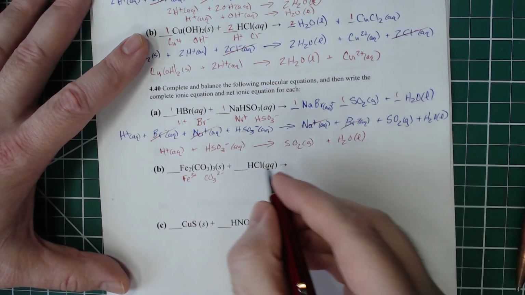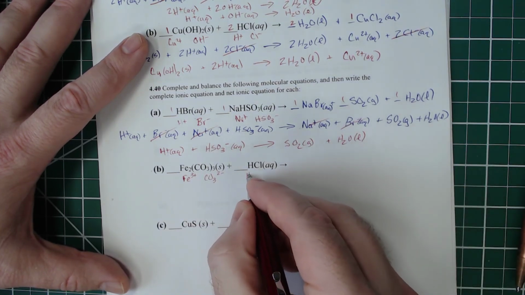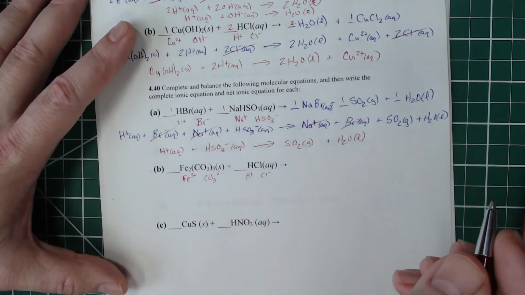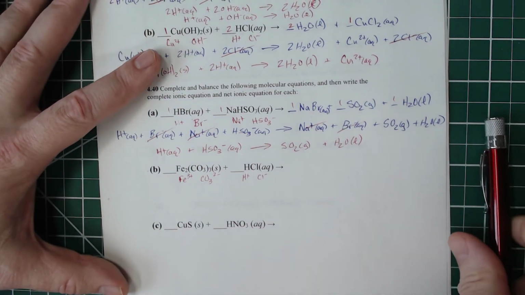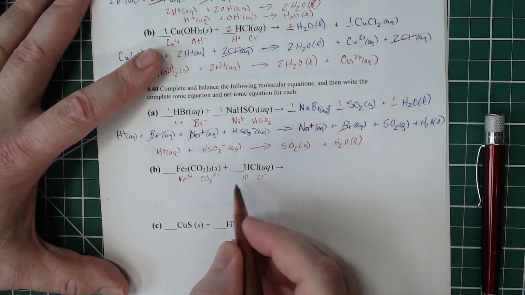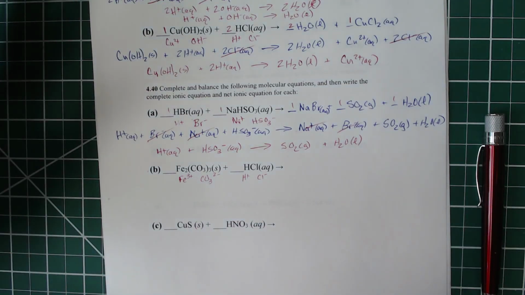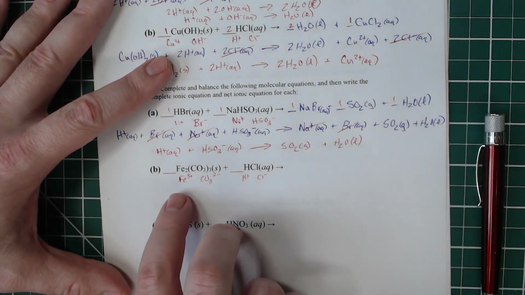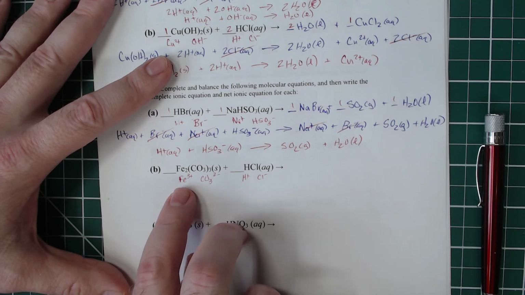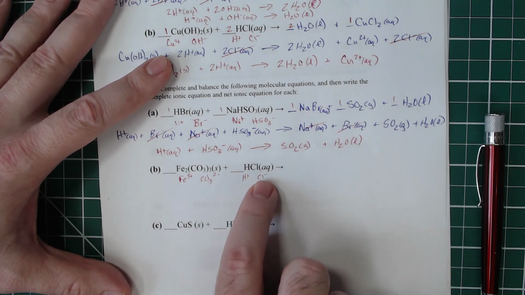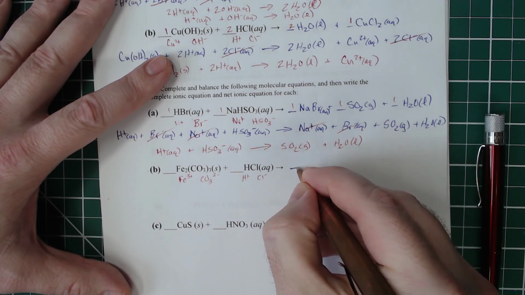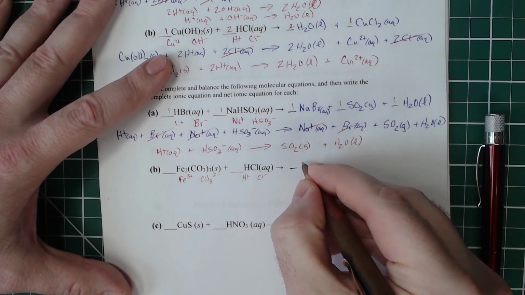Those are the ions there. And then, of course, this is H plus and Cl minus. Since this has a carbonate, hydrogen ends up with carbonate, and that's going to give us carbon dioxide and water. We want to figure out what the ionic compound is. We've got iron 3 and chloride, so we're going to get FeCl3.